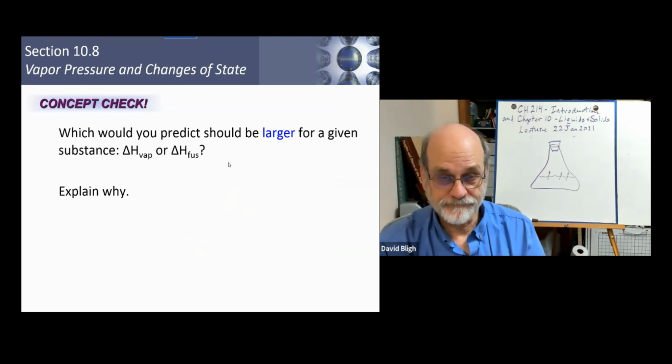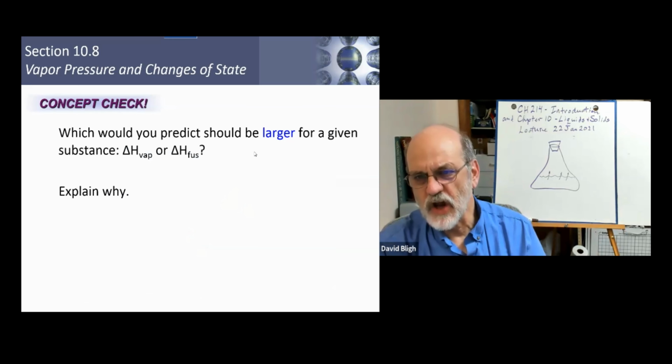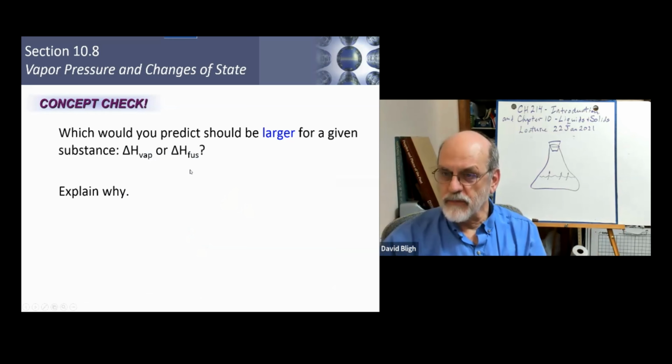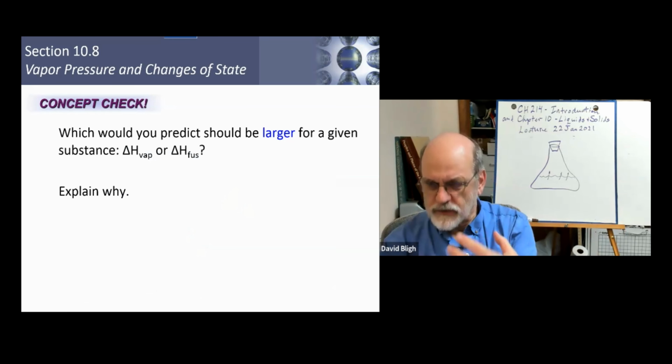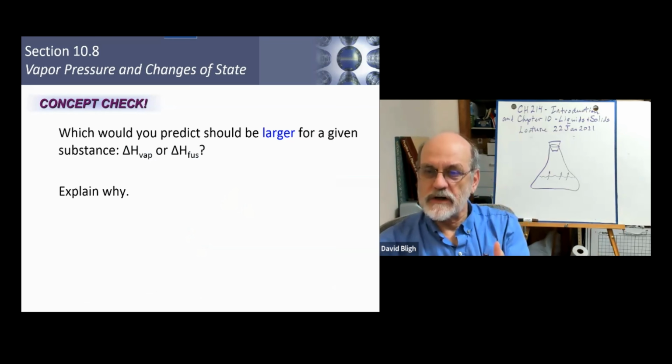Okay. So which would you predict to be the larger for any substance, the heat of vaporization or the heat of fusion? Think about it. What bonds are being broken and what is the result? Heat of fusion is the amount of heat required to convert solid into liquid.